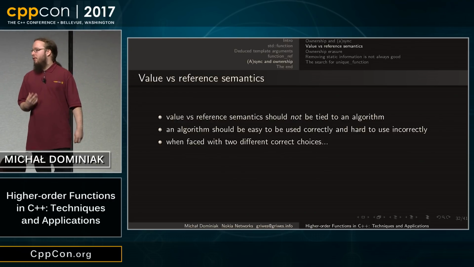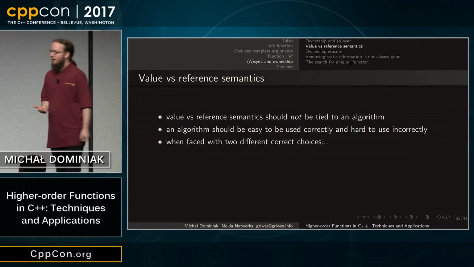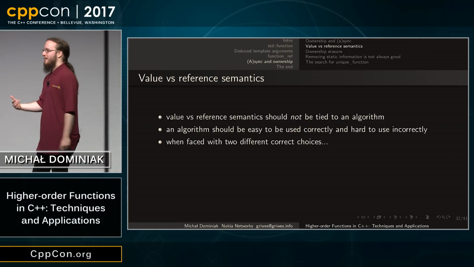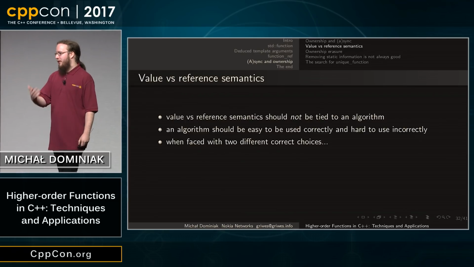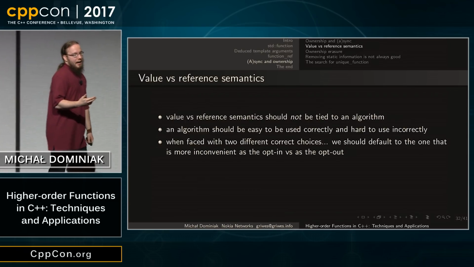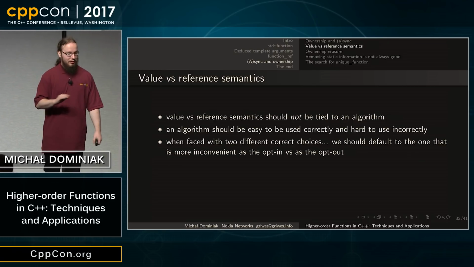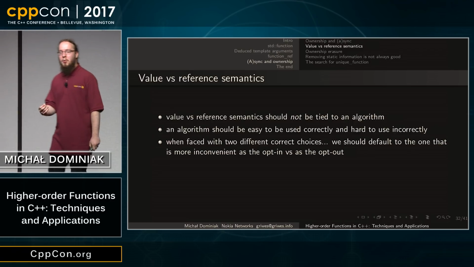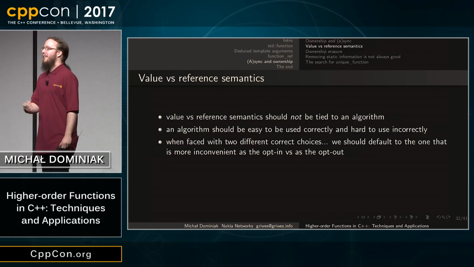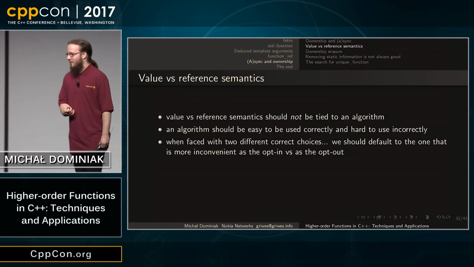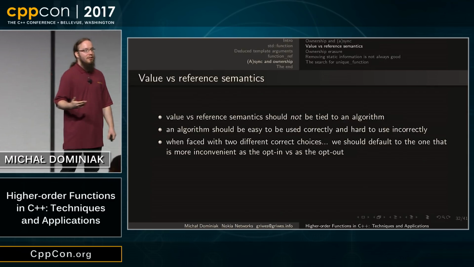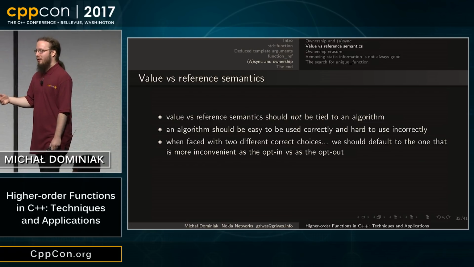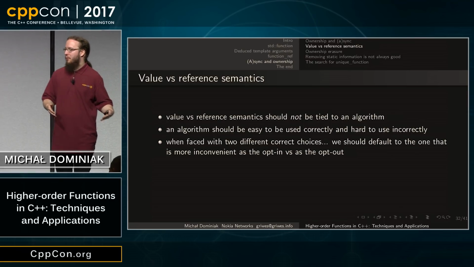However, if we have two behaviors that are correct, so neither of the semantics will cause bugs, and we can guarantee that, this sentence might look and sound complicated, but I think that the default should be the one that is harder to use when it is not a default. In other words, the behavior we have to opt into should be the one that is easier to opt into.